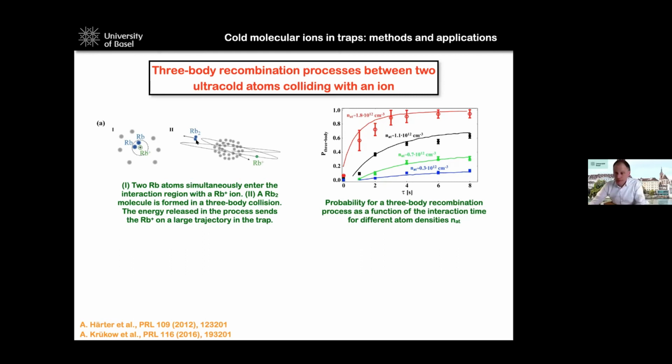In a three-body collision, we can form a bound molecule out of two ultracold rubidium atoms, and the excess energy, the binding energy or parts of it that is released in these three-body collisions, is then taken up by the rubidium ion. They explored this as a function of the density of the atom cloud, and one can see that in order to get an appreciable three-body association probability, one needs rather dense atom clouds, much denser than one usually gets in a MOT.